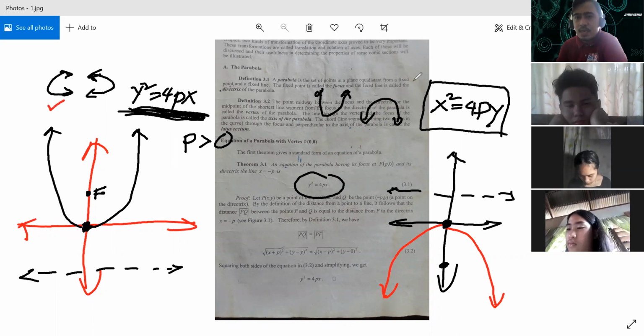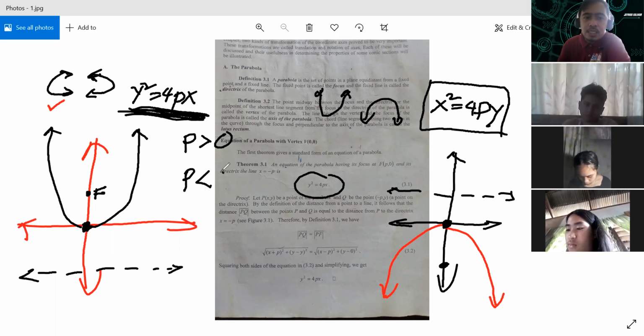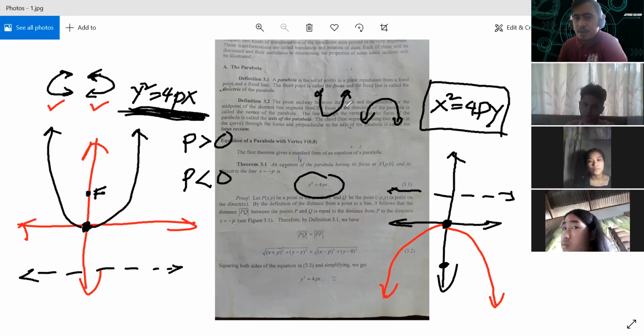Clear? But if this p is less than 0, then this parabola is opening to the left. Clear?